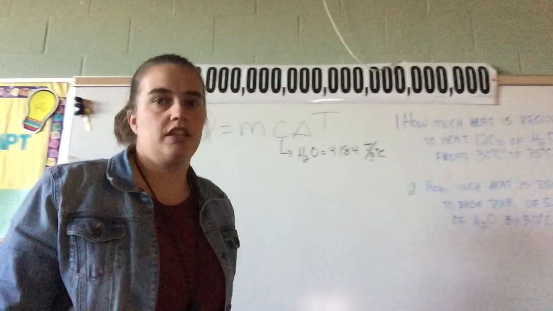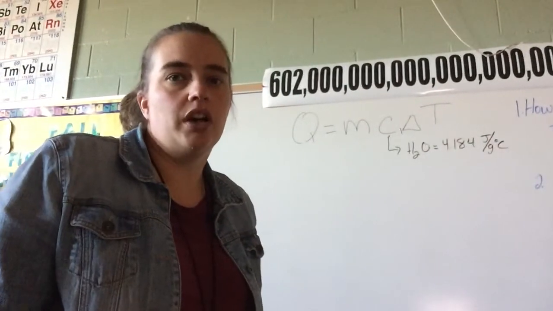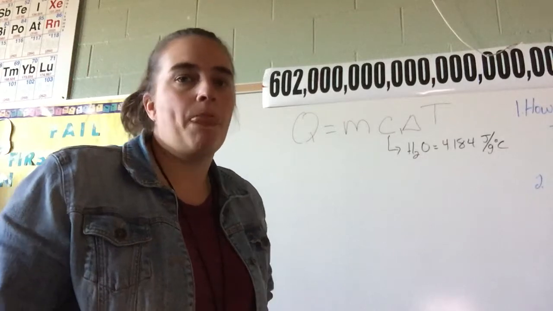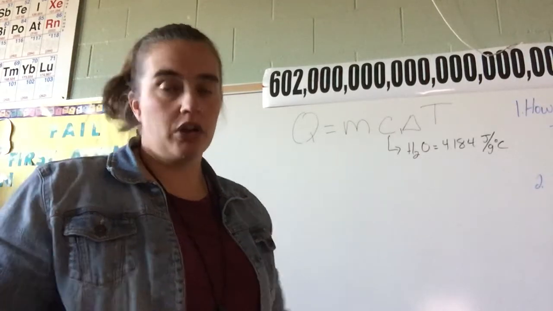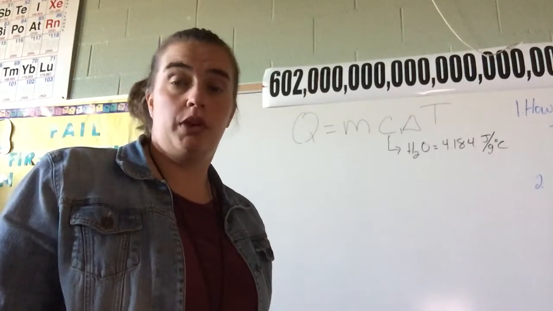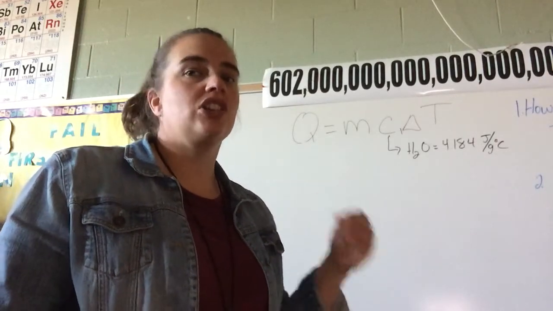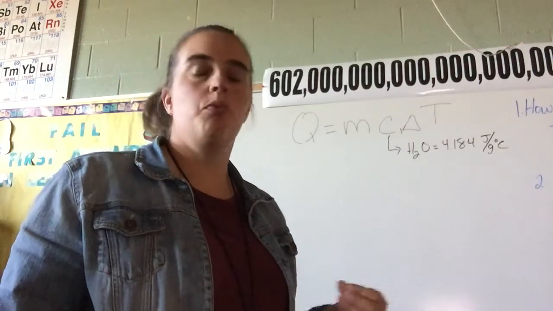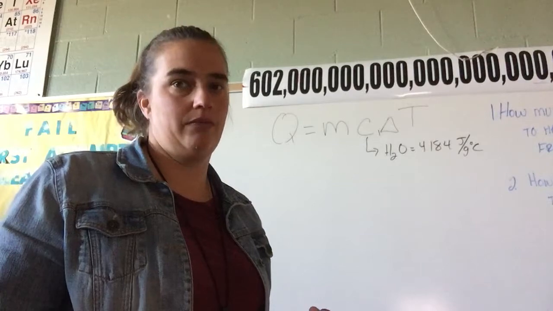So you will notice that the units have all those units in it. In order to heat 1 gram of water 1 degree Celsius, we need to throw at it 4.184 joules. That is actually an awful lot of energy. Water has the highest specific heat.